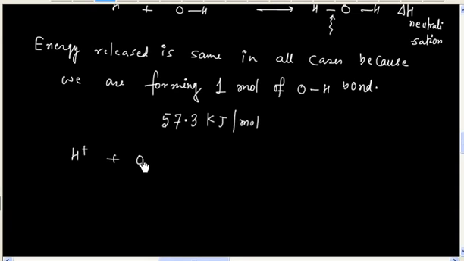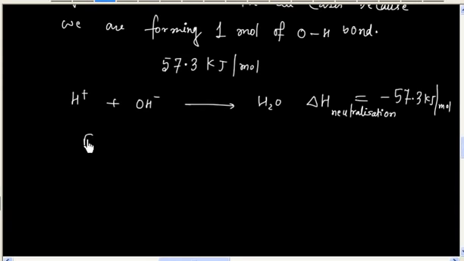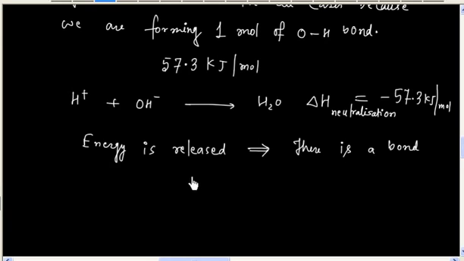So we can write H plus OH minus H2O delta H neutralization is equals to minus 57.3 kilojoule per mole. Minus sign says energy is released in this process. And this is because there is a bond formation. So whenever we have bond formation, energy will be released.